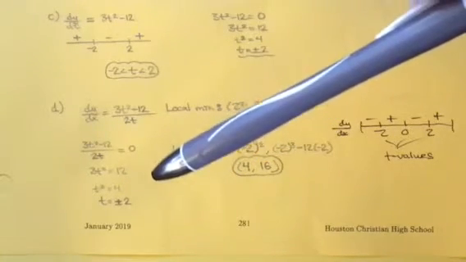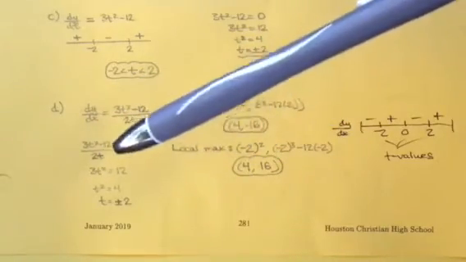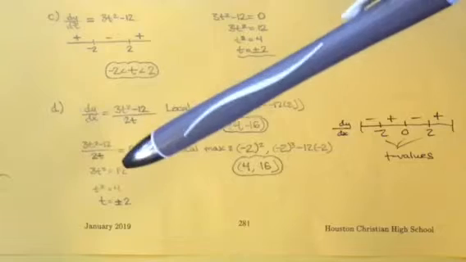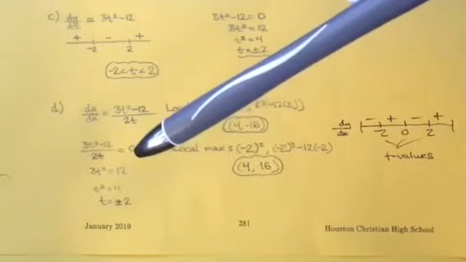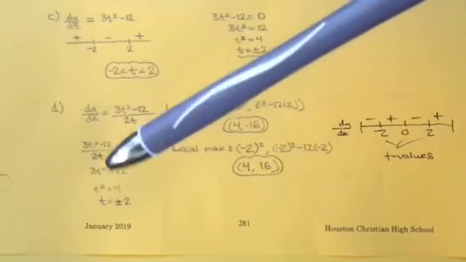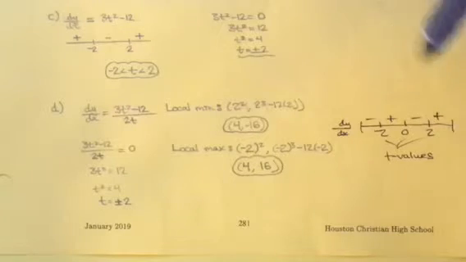And then the other critical point is when this equation, didn't show the work here though, is undefined, and that's when the denominator is 0, so 2t equals 0, and that denominator will equal 0 when t equals 0. So our critical points are t equals negative 2, 0, and 2.